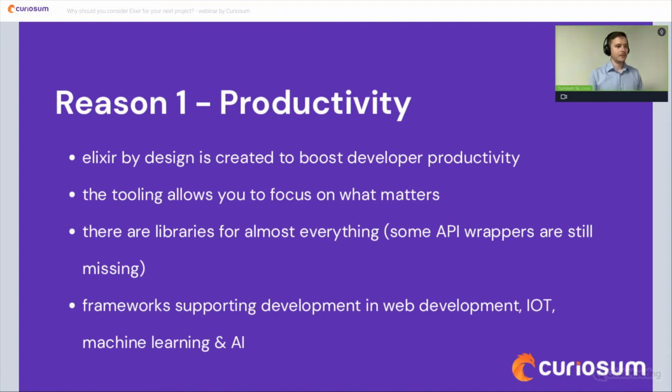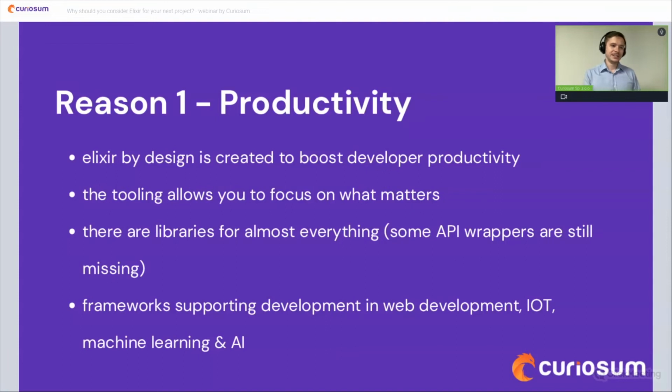So reason 1: productivity. Elixir by design is created to boost developer productivity. This is what I said, that Elixir was brought to life because of the fact that Erlang, although it had this sophisticated parallel processing platform, was lacking this productivity aspect.